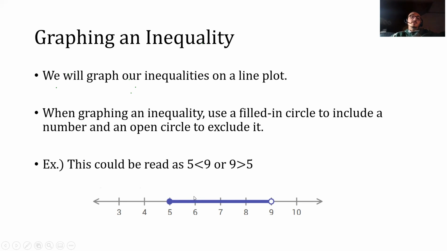So see the two different kinds of circles that I want to use to represent it here. I'm going to move on momentarily. But just remember that we are going to be using a filled in circle to include a number and an open circle to exclude a number.